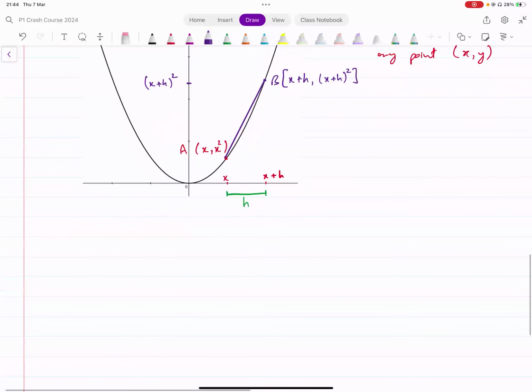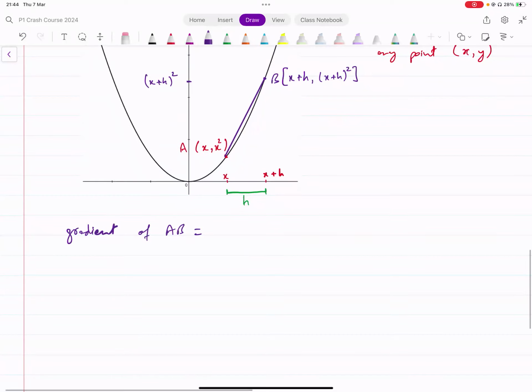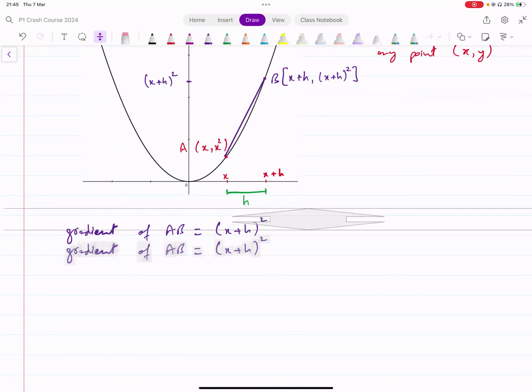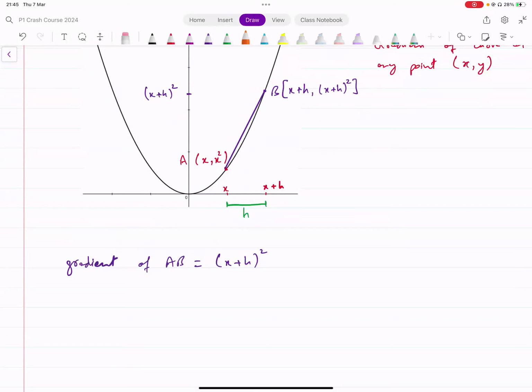How do you find the gradient of the line AB? We use the gradient formula. Gradient of AB is equal to y2 minus y1 over x2 minus x1. What's y2? y2 is x plus h whole squared. Let me write that down here.